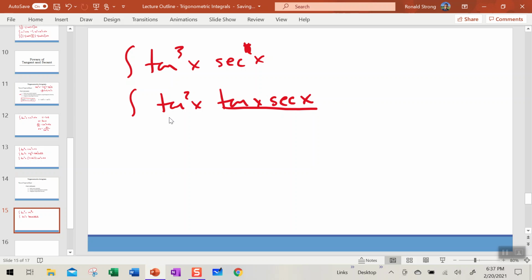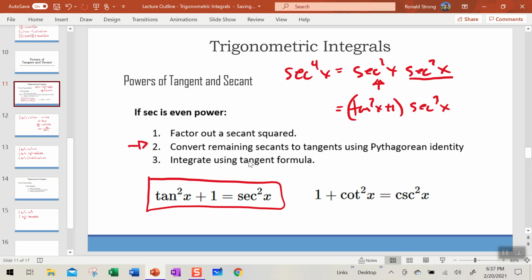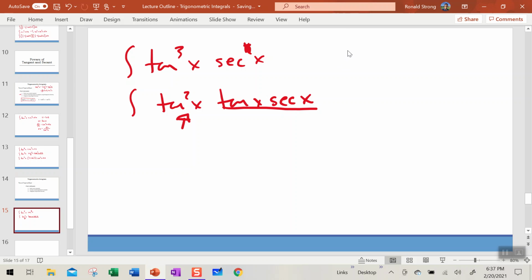And what we're going to do then is convert this into secants. And we would do that using the trig identity back here. Secant squared x is equal to tangent squared x plus 1. So you may want to write that down. Secant squared x is equal to tangent squared x plus 1, or tangent squared x is equal to secant squared x minus 1.